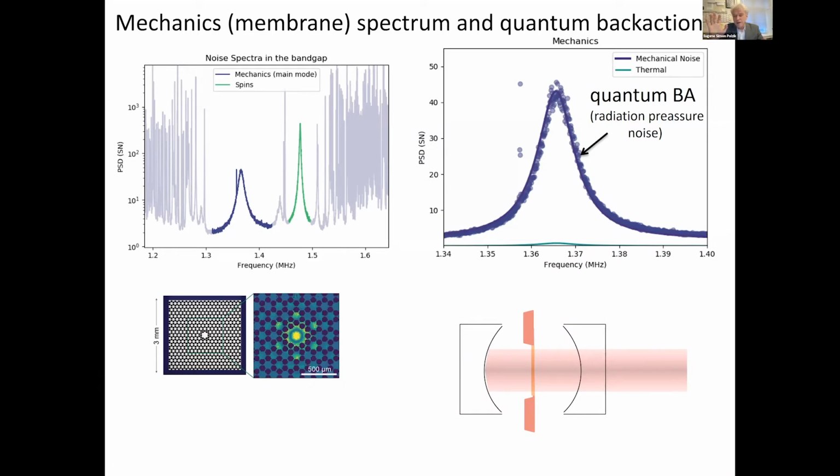So I'm in a very good position here because my motion is now dominated by the quantum backaction. And if I manage to somehow eliminate this quantum backaction by choosing the correct reference frame, then I should be able to make a good observation of the motion of this membrane.